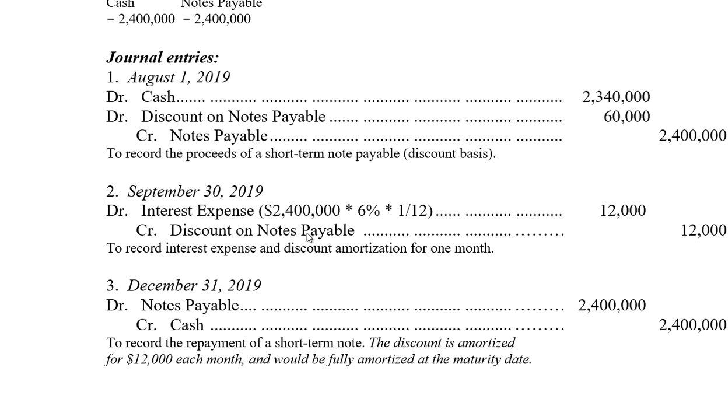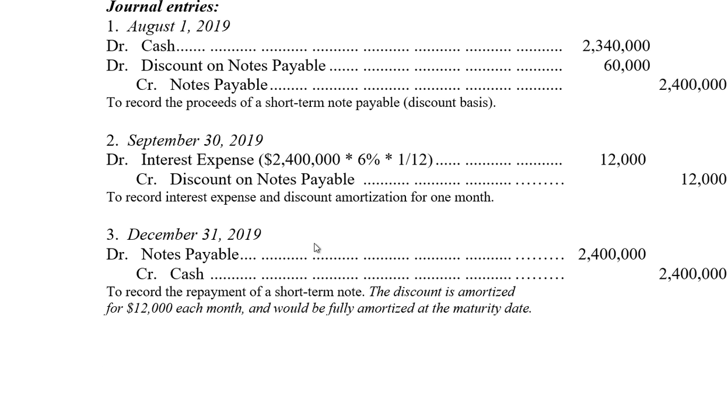Okay? So when we get to December 31 and we're going to go ahead and pay this note, right? Then we're going to have this particular journal entry have already been done when the note gets paid. So we'll do this journal entry at the end of each month, one time at the end of August, and then September 30th.